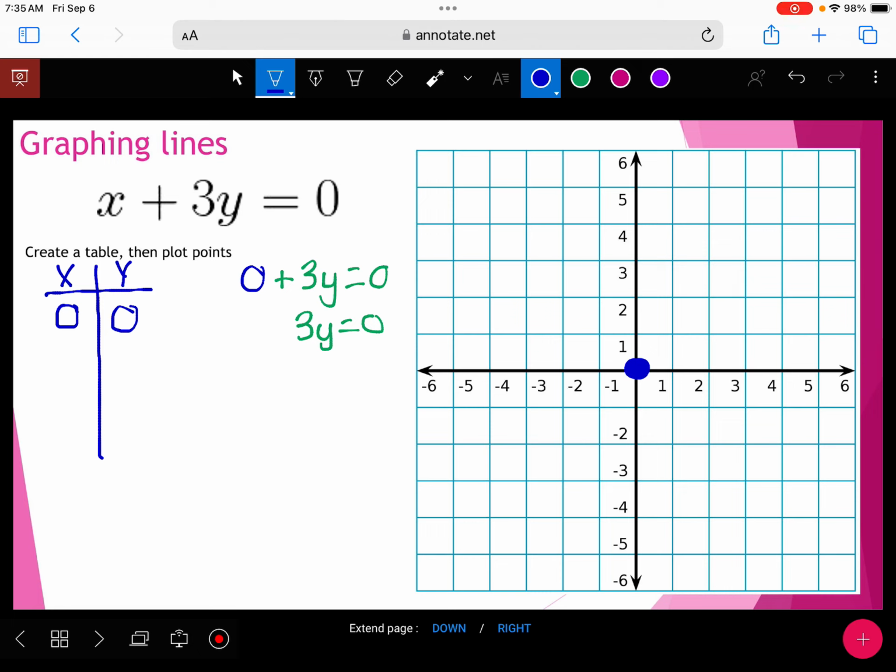I need at least a few more points. So what's another thing we could substitute in for x? Negative 3? When we are doing a guess and check table, we can pick anything we want. I could pick negative 100. It would not be super helpful because my graph doesn't go that big.